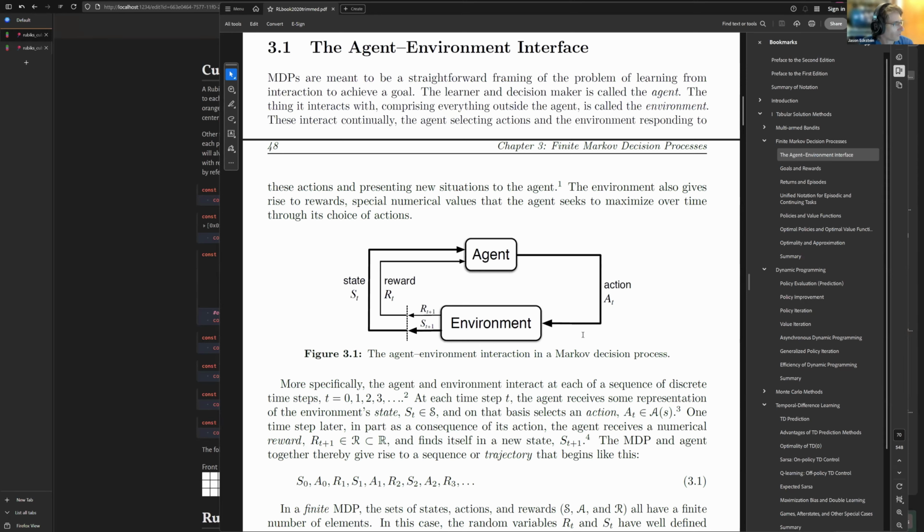So the agent is the thing that we're trying to train, which is going to take actions in the environment. Now, the agent has information available to it to take actions, and that is the most recent reward it's received and the current state it's in.